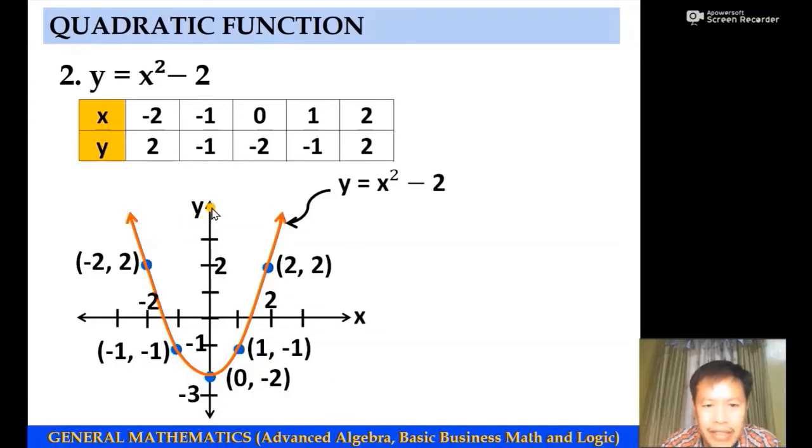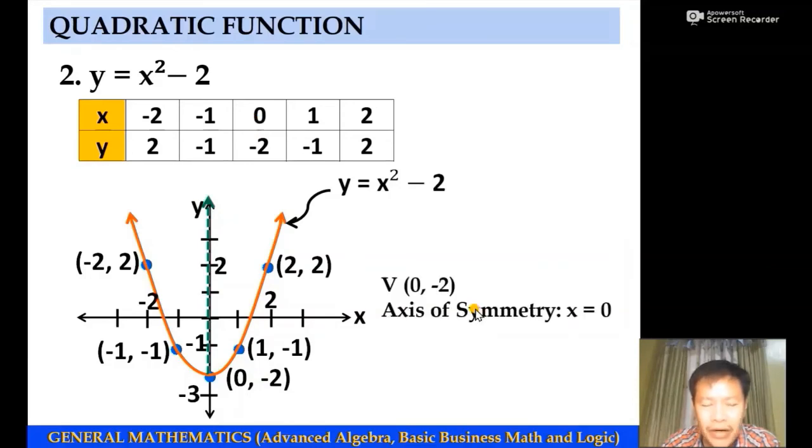The mirror is the axis of symmetry. And this graph is y = x² - 2. Drawing the axis of symmetry, this is it. The axis of symmetry is our y-axis, and that is x = 0.